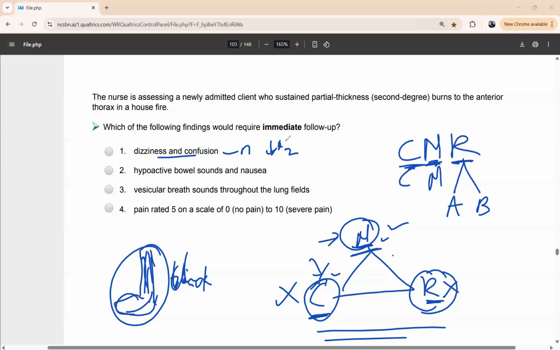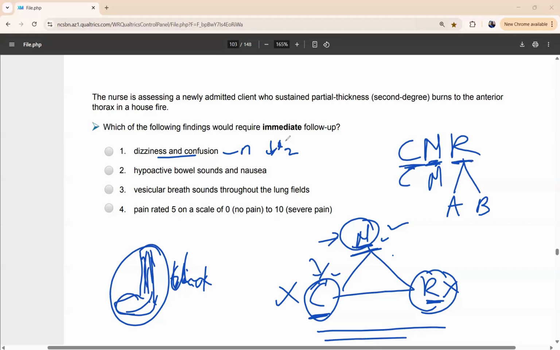So the moment the dizziness and confusion is not related to medication, and not related to a condition that caused them to have confusion, trust me, the biggest thinking is what? Respiratory problem. Yes. Because it's only low oxygen that can lead to what?